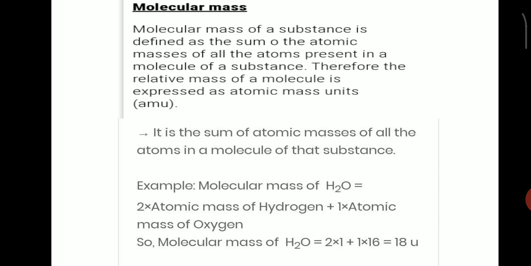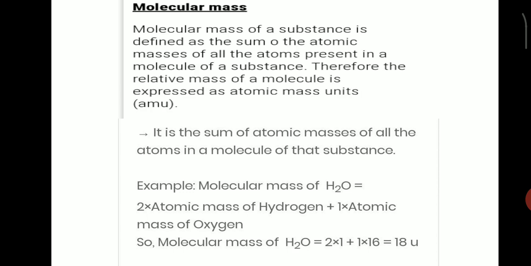So we can define molecular mass of a substance as the sum of the atomic masses of all the atoms present in a molecule of the substance. Therefore, the relative mass of the molecule is expressed in atomic mass units.